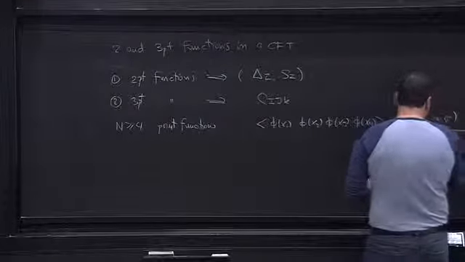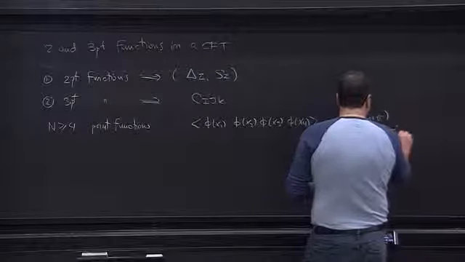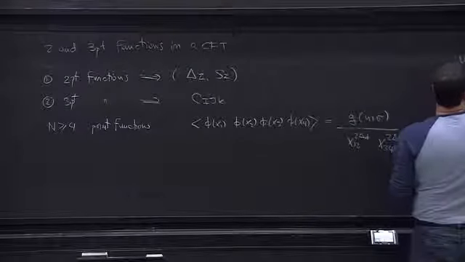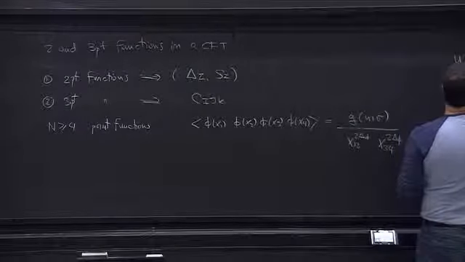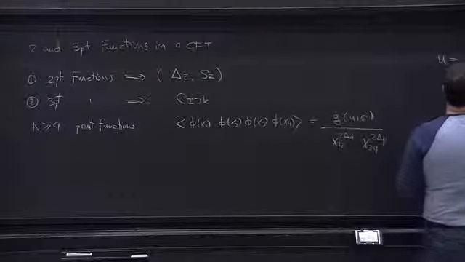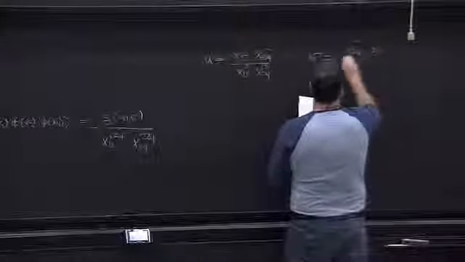And then the rest was just fixed by dimensional analysis, by scaling symmetry. And just to hammer it home, the cross ratio u is x_12 squared x_34 squared over x_13 squared x_24 squared, and v is x_14 squared x_23 squared, and the denominator is the same.